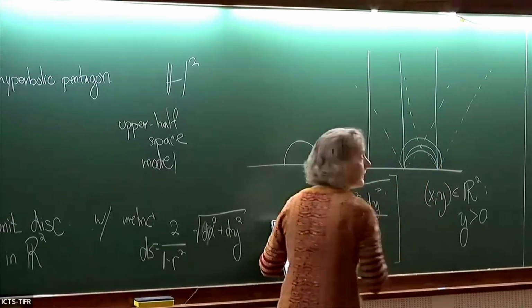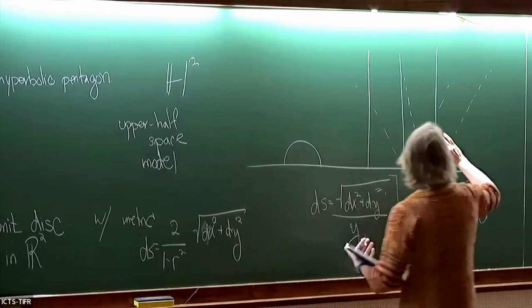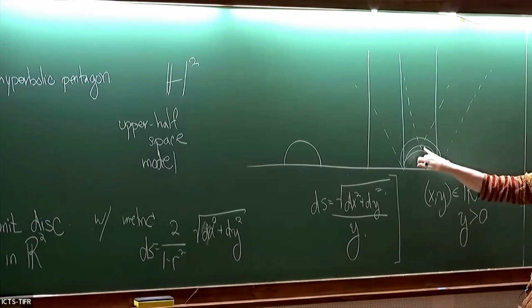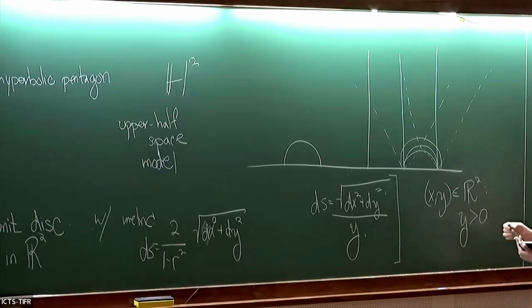And I can find constants that make two neighborhoods cover the third side. This is an example of the delta hyperbolicity of this space.